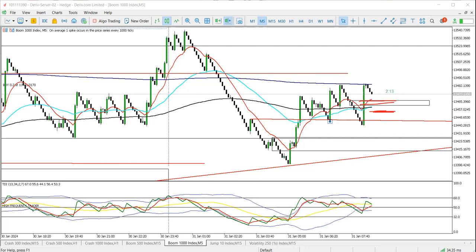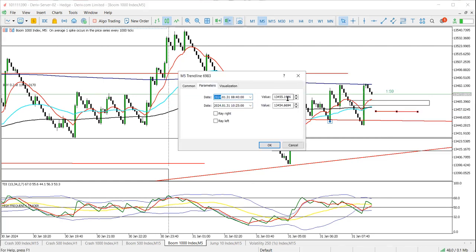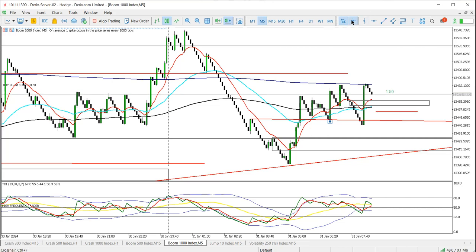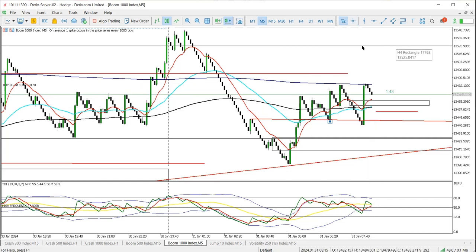So instead of having the stop loss at 45, we can put it around 13,455, which reduces our loss here to 28 pips, or rather almost $6 for the current runner we have.